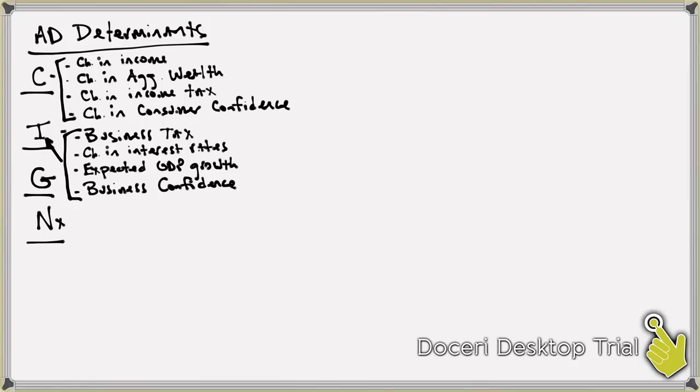So a change in income, a change in aggregate wealth, a change in income tax, and a change in consumer confidence. Those are all the factors that we have found cause consumers in our economy to buy more or to buy less stuff. So an example would be that, when we have a change in income tax, let's just say that there is an increase in income tax in our economy.